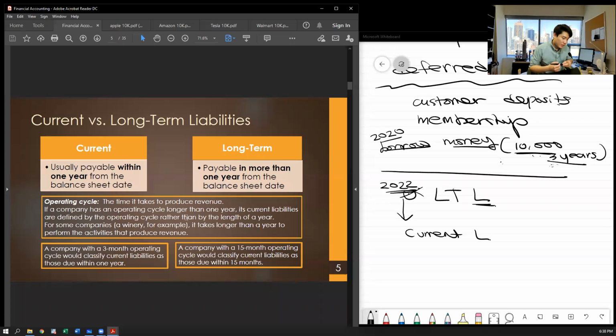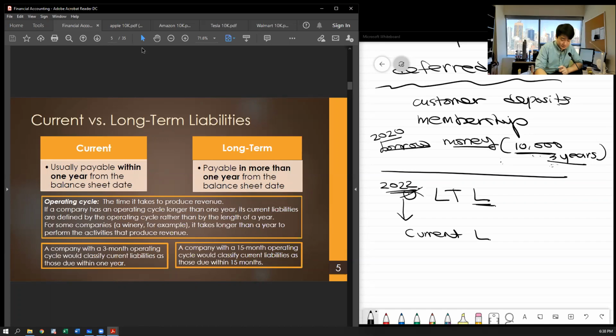And then another thing that I want to mention is that most of the companies also elect a January to December operating cycle, which is what we usually follow, the calendar year. But other companies sometimes choose a different cycle.